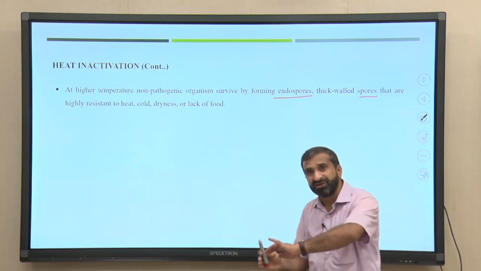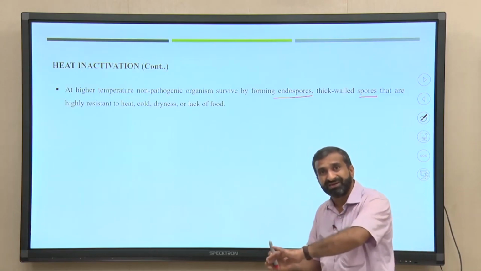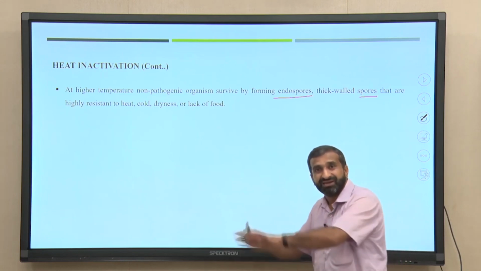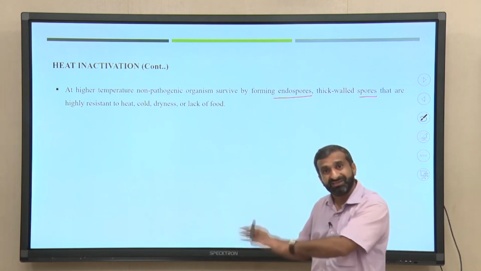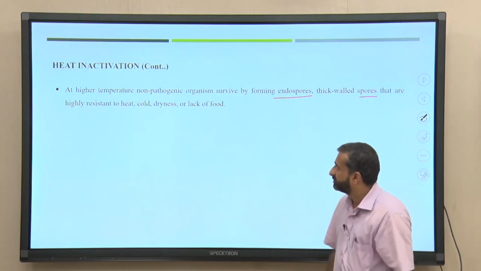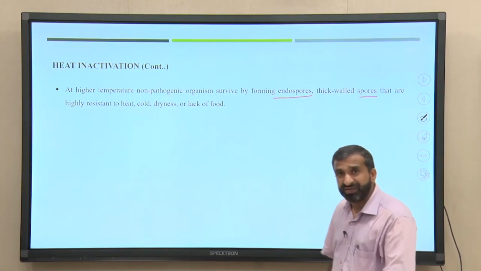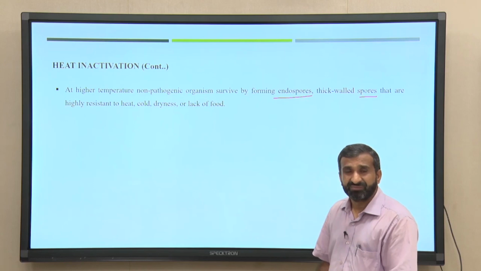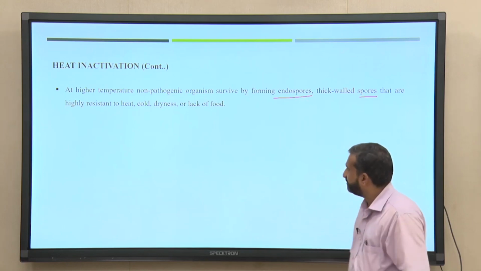Once the temperature reduces, those spore forming bacteria which are in the passive condition will become active. The same microbes will work for the further degradation process. So, there will not be any problem for the non-pathogenic bacteria.